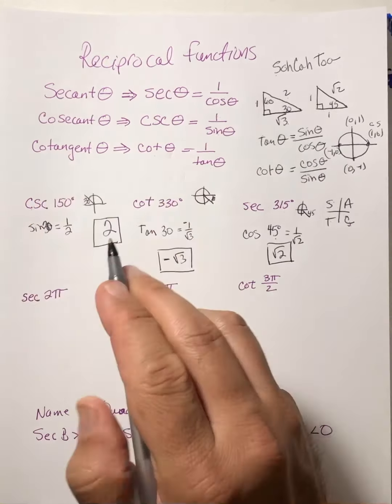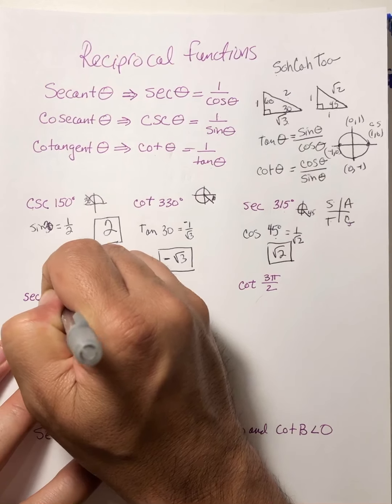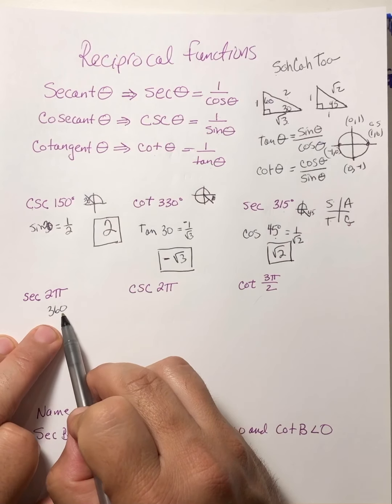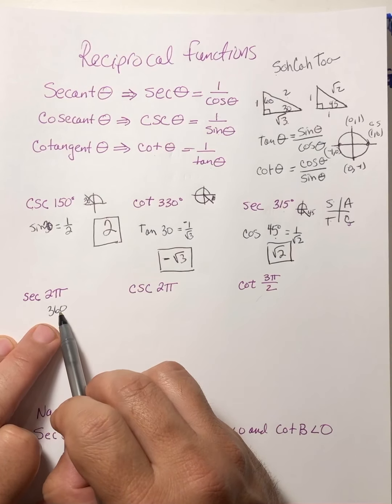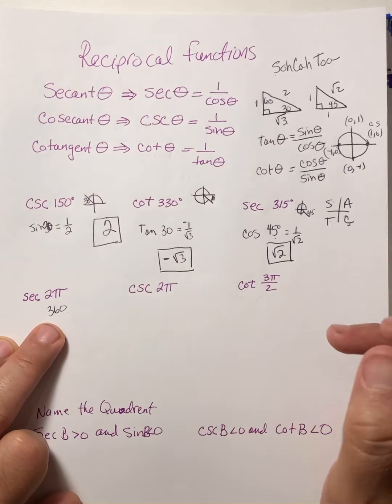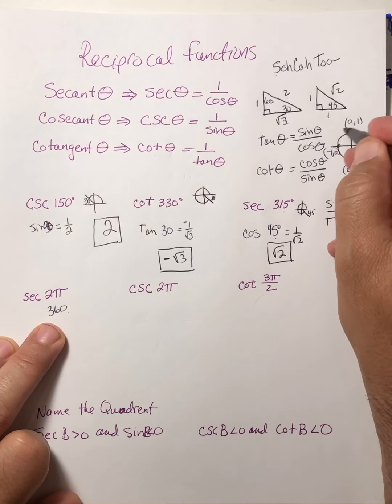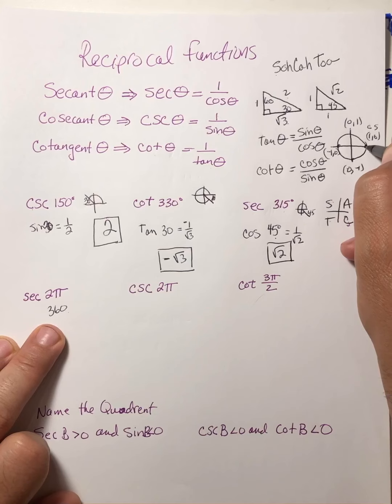All right. 2 pi. What's 2 pi? That's right, 360 degrees. So we're looking at the secant of 360 degrees. That is a quadrantal angle. There's one full circle, 360.